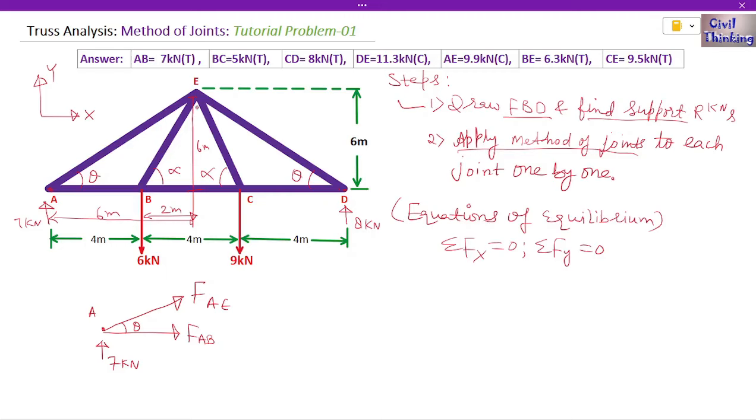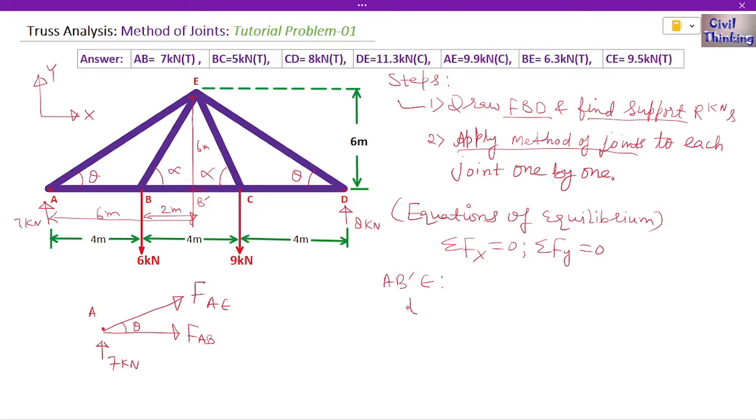So in this triangle, let me call this B dash. Now when you look at this right angle triangle A B dash E, how are we going to find theta? In this right angle triangle, the perpendicular component and the base component are given, so we will apply tan theta.